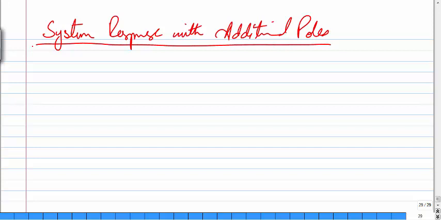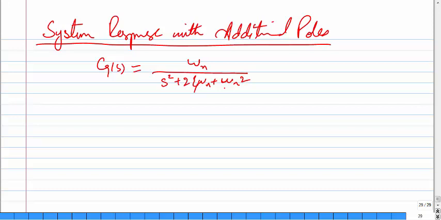So just an overview of what we did till now. We assume that we have a second order system. Okay, so this is our second order system, and for this particular system we know that we have a system response, and the response has some properties.